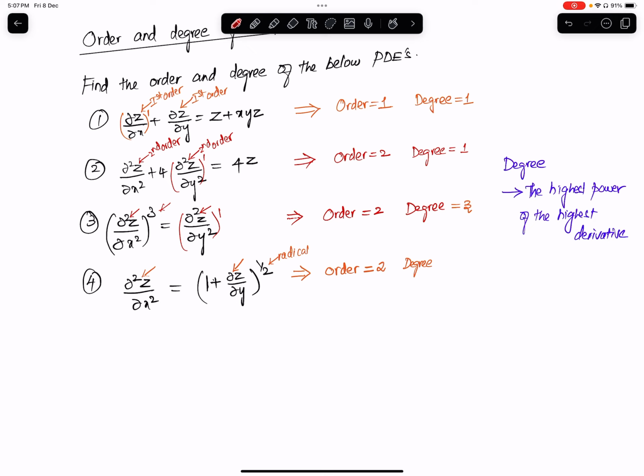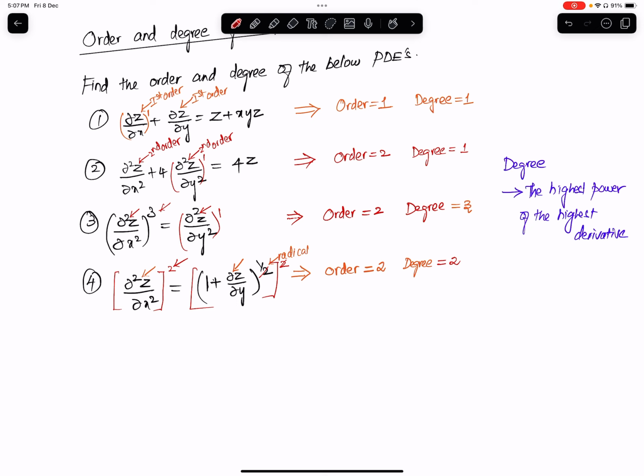But if you want to write the degree, you have to be very careful. First check whether there is a radical or not. If there is, first remove it. So I take the power of 2 on both sides. What is the purpose? Just to cancel these two. Once the 2 cancels, the radical is gone. So now check the degree. What is the degree now? It is 2.